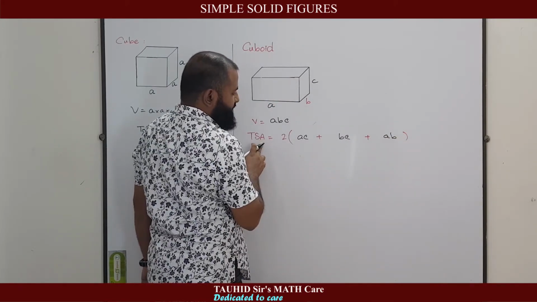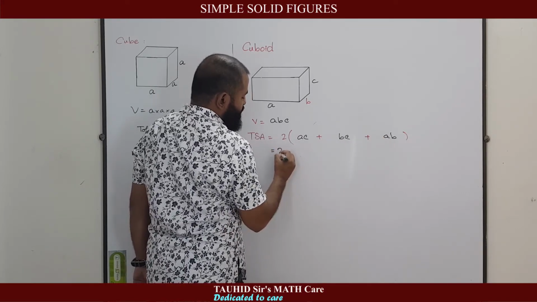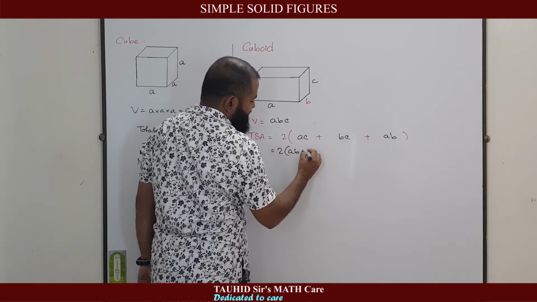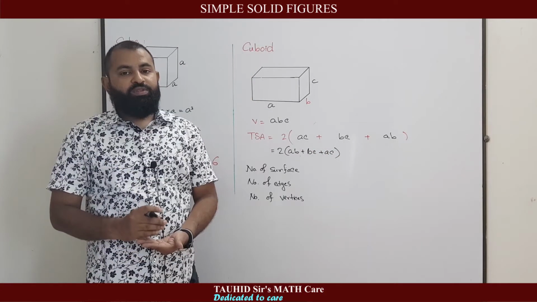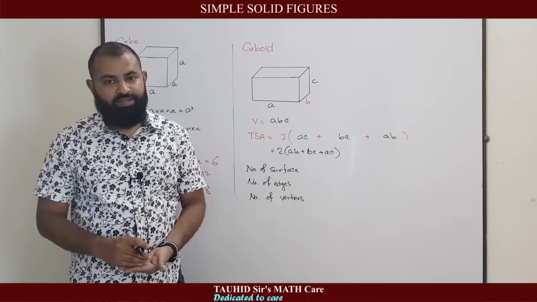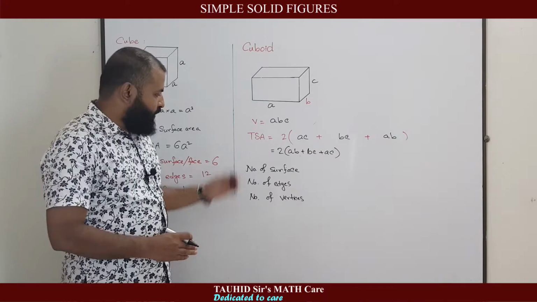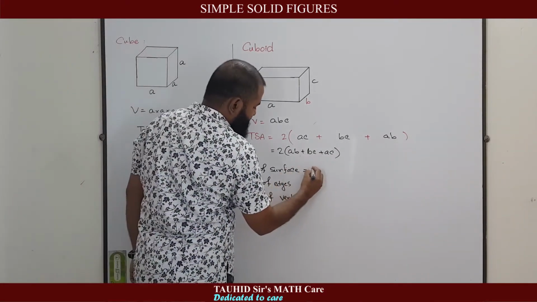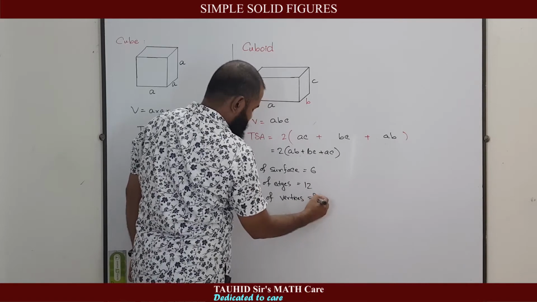Therefore, the total surface area will be 2 into AC plus BC plus AB, or simply 2 into AB plus BC plus AC. The number of surfaces, edges and vertices are the same for a cube and a cuboid. So for a cuboid, the number of surfaces is 6, edges is 12, and vertices is 8.